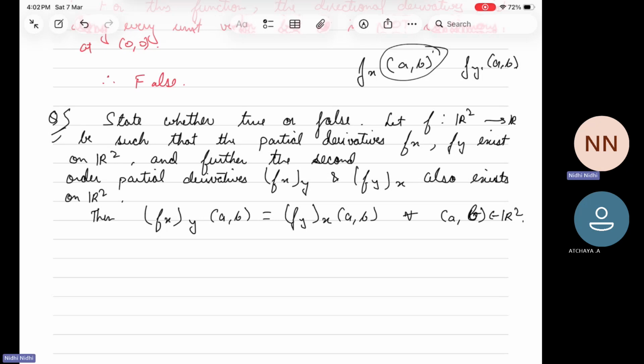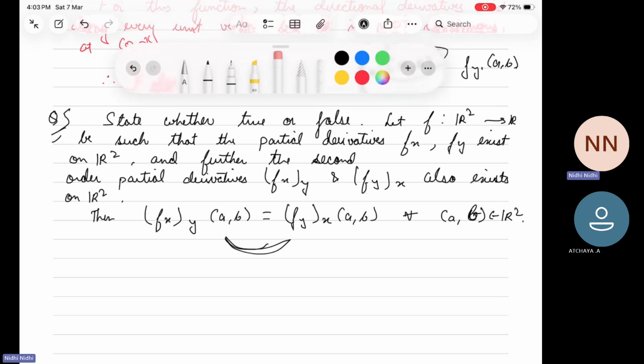But actually, that's not the case. That happens only when the function is very smooth. Such functions are called smooth functions. If the function is not smooth, then we cannot say whether these two will be equal or not. So, for instance, I can give you an example, and using that example, you can see how this does not hold.